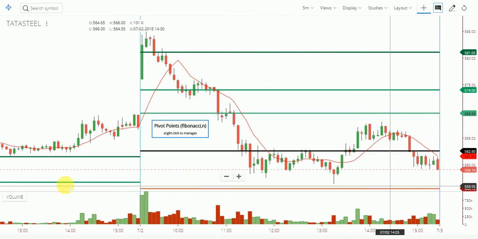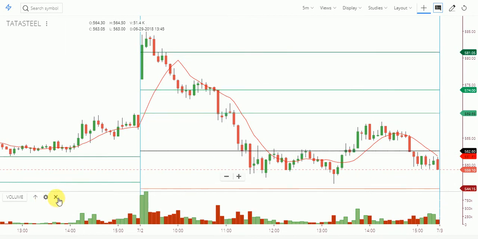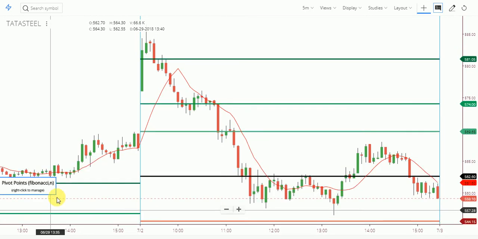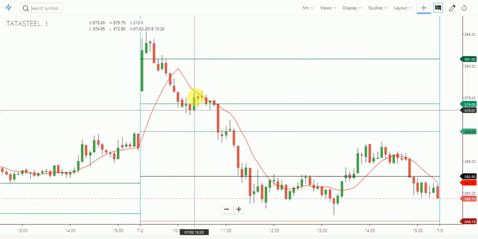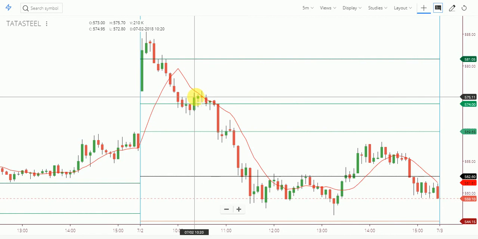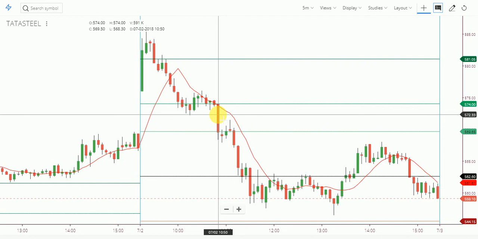I don't look at the volume at all, because why should I see the volume? Volume is already there itself, right? The green means good volume on the buyer side, and the red means seller volume, right?